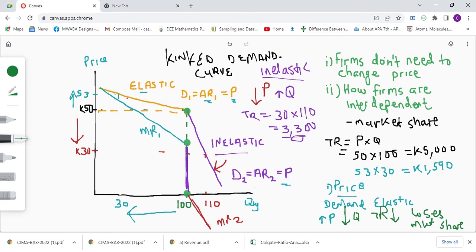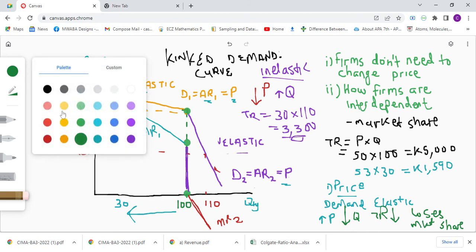Let's just assume that this firm wants to be a profit maximizer. So if we add in our marginal cost curve, we're adding a marginal cost curve here.